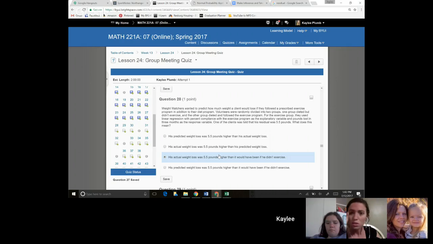Oh, that his residual was 5.5 pounds. Observed value minus his predicted value. That's what residual is. But there was nowhere in there that said he had a predicted weight loss. Well, I don't think it would be his actual weight loss, though.